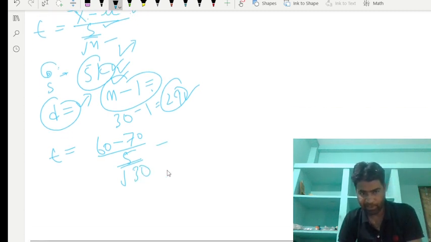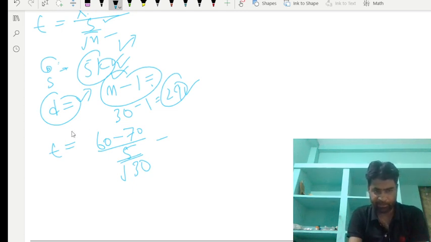So after calculating, you will get the t value at degree of freedom 29.